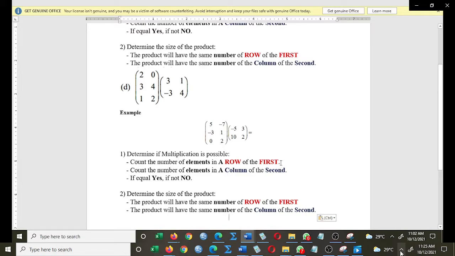A row of the first has how many elements? Two. A column of the second has what? It has two also. So multiplication is possible.